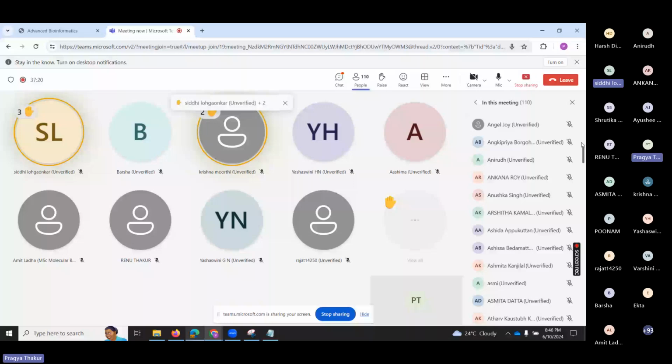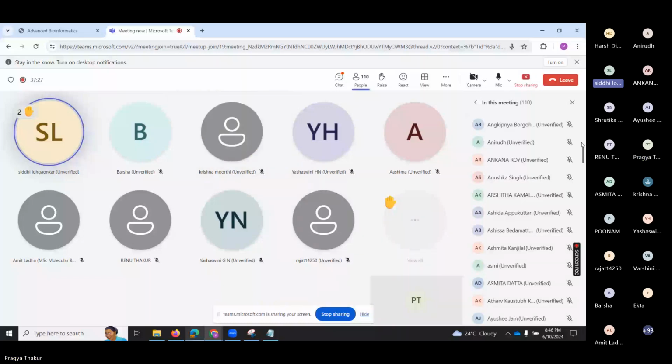Ma'am, do we have any reference book for this subject? Can you tell us? There are many reference books. Give me 2 to 3 days' time and I will post them on the group, topic-wise, with appropriate videos, links and books.